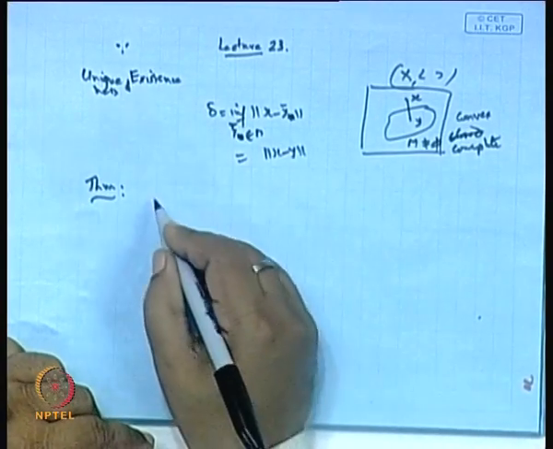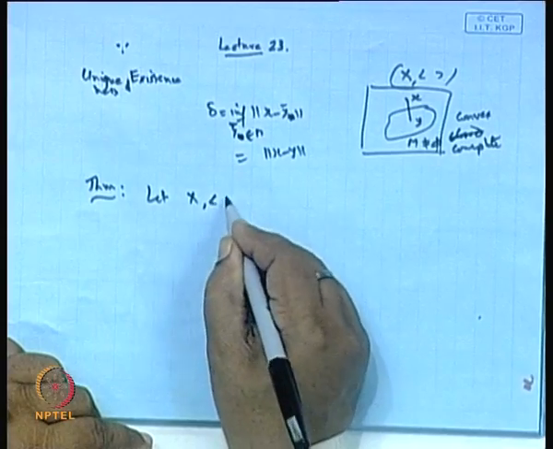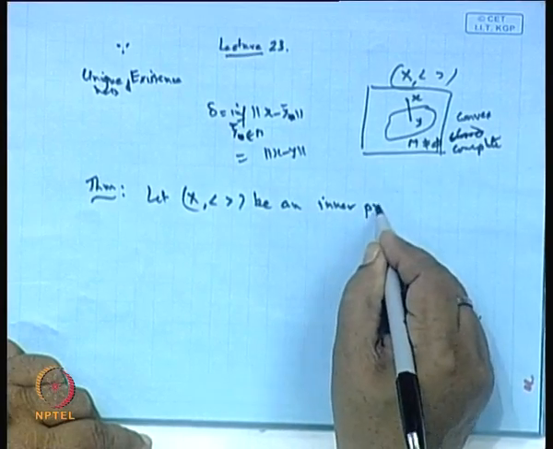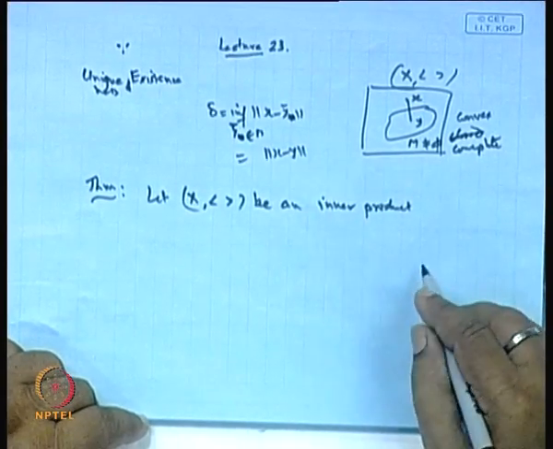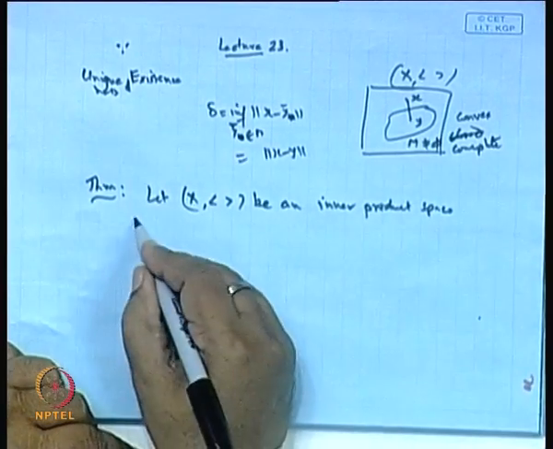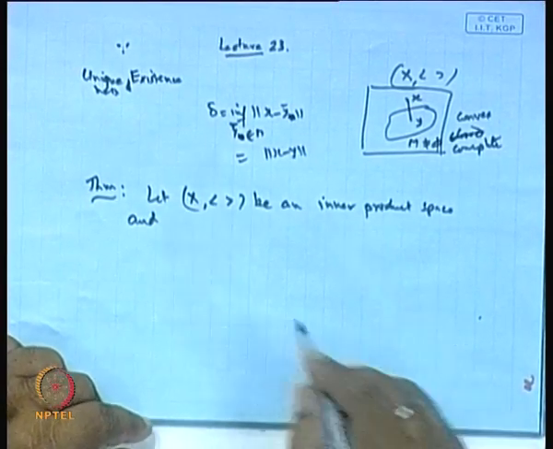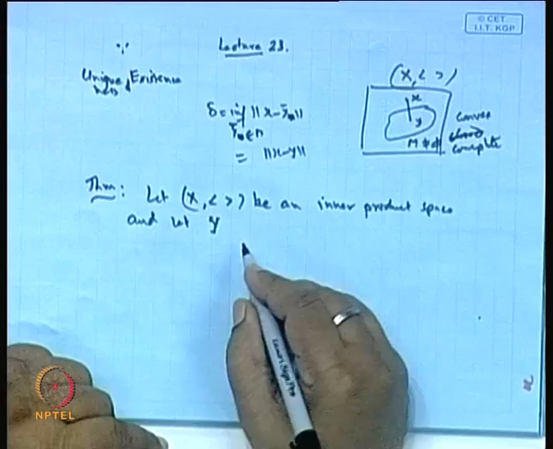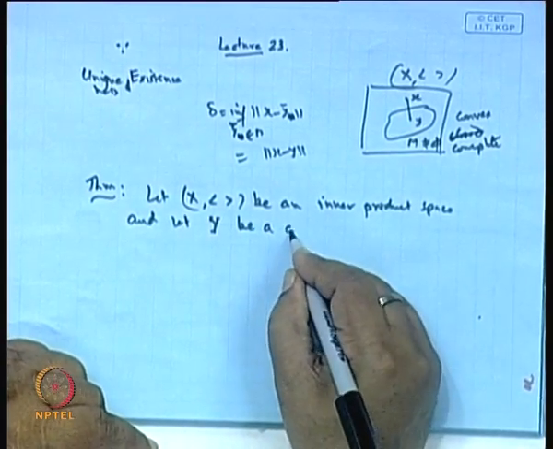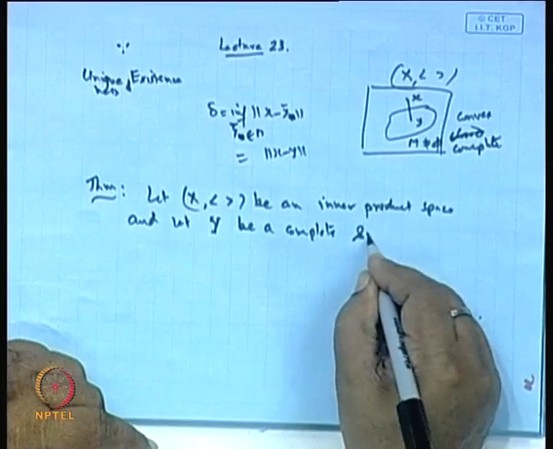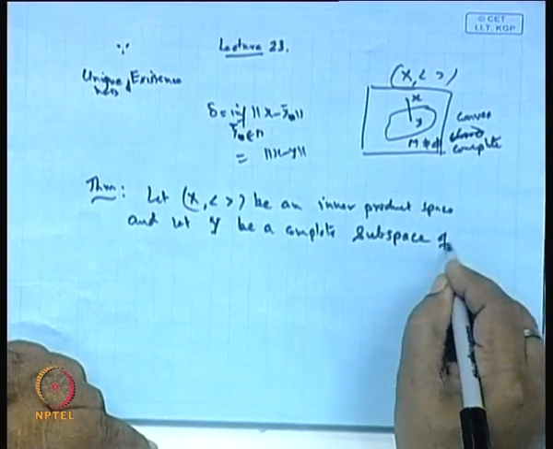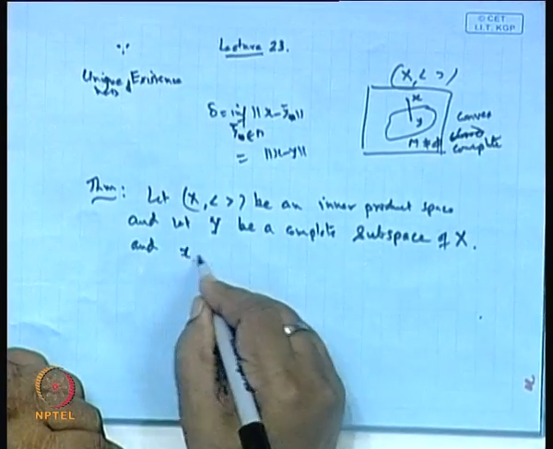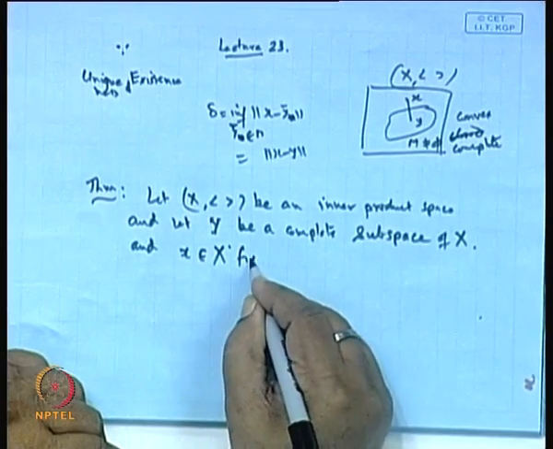We have this result: let X be an inner product space and let capital Y be a complete subspace of X. Let x belonging to capital X be a fixed point.